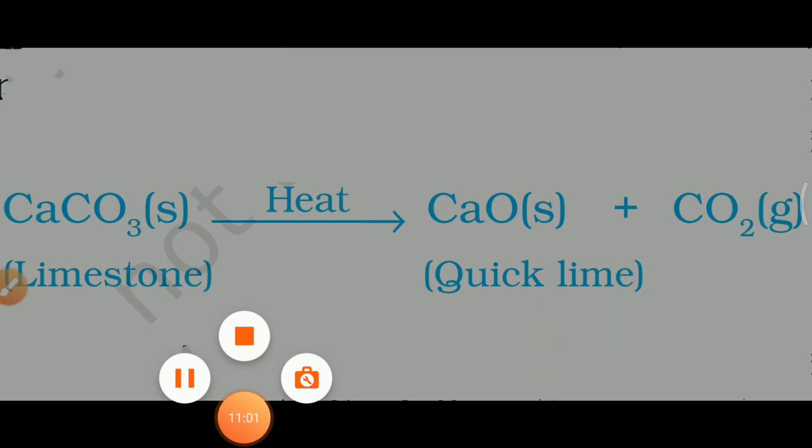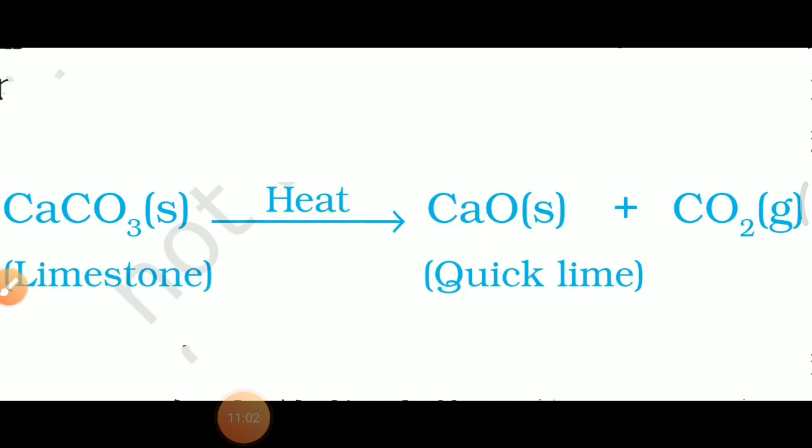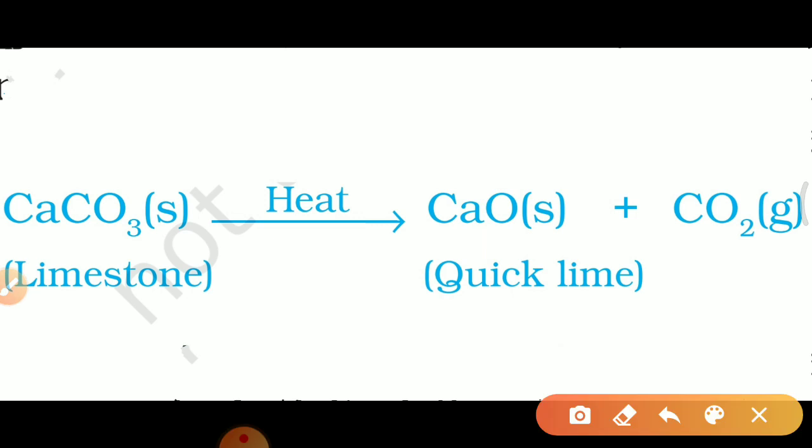Now we will study some examples of thermal decomposition. When a decomposition reaction is carried out by heating, it is called thermal decomposition. Decomposition of calcium carbonate, CaCO3, to calcium oxide CaO and carbon dioxide on heating is an important decomposition reaction used in various industries.